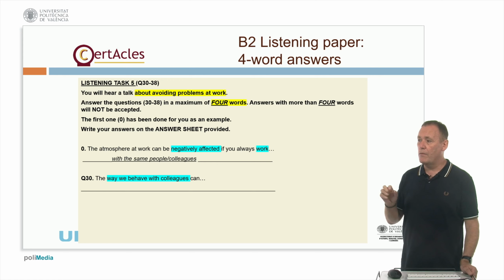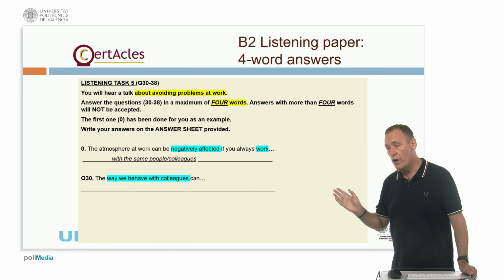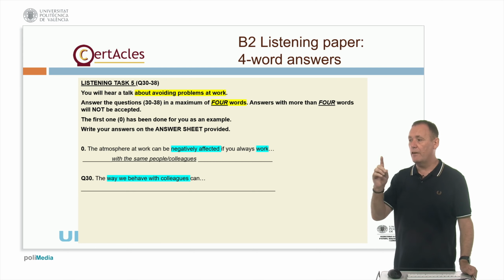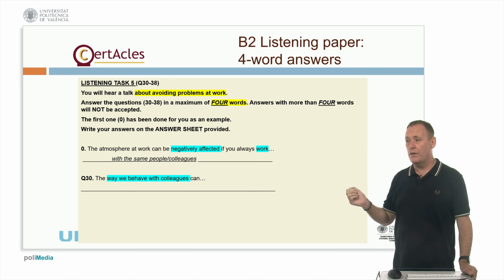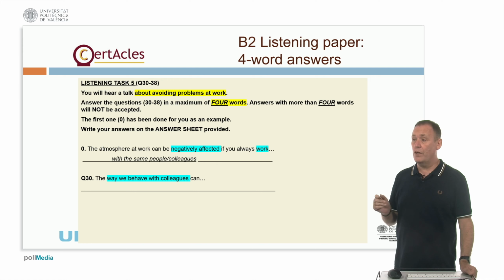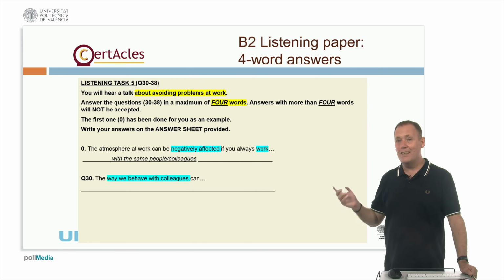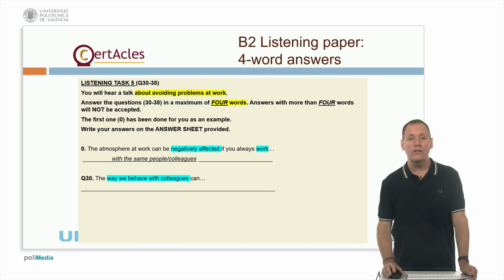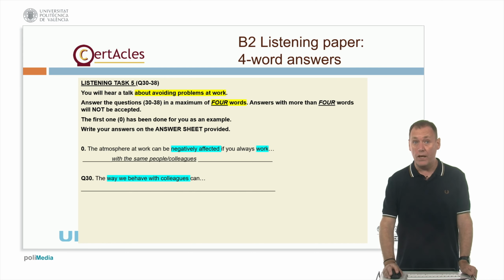The atmosphere at work can be negatively affected if you always work. Okay, so we know negatively affected and connected with work. And in the question, the way we behave with colleagues, that's the important thing. We're looking at somebody talking about the way we behave with our colleagues.